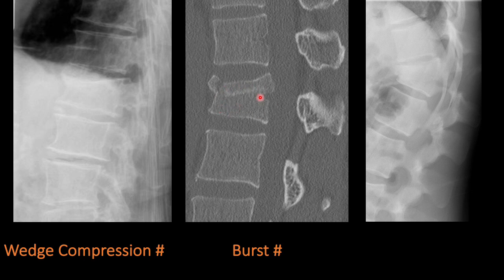A burst fracture is a type of compression fracture which is related to high energy axial loading secondary to trauma, and it results in disruption of the vertebral body end plate, and it also involves the posterior vertebral body cortex. A chance fracture is an anterior wedge fracture of the vertebral body, as well as a horizontal fracture through the posterior elements and or distraction of the facet joints.